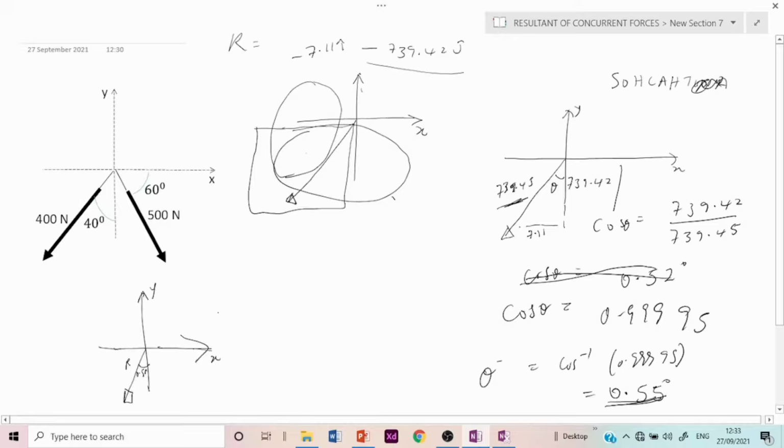So one can say the resultant is equal to 739.45 Newton at an angle of 0.55 degrees to the vertical axis acting downwards, or you can add the 90 degrees between the two planes.